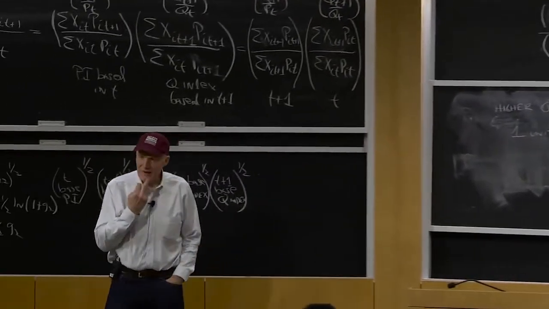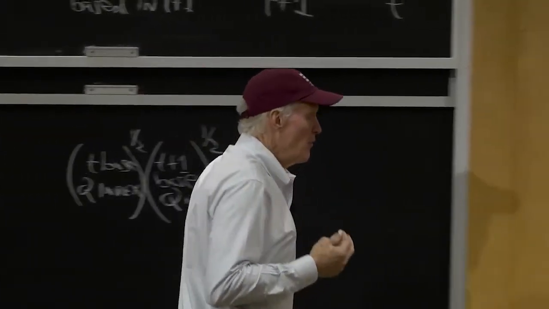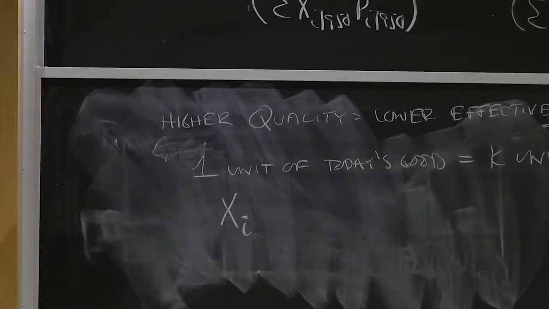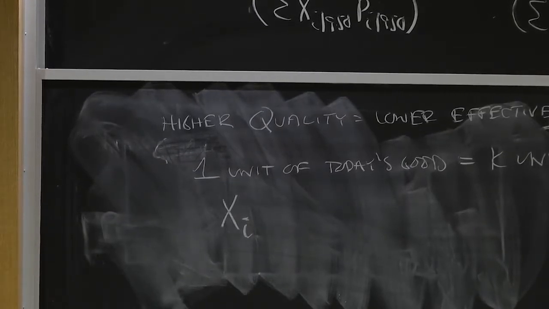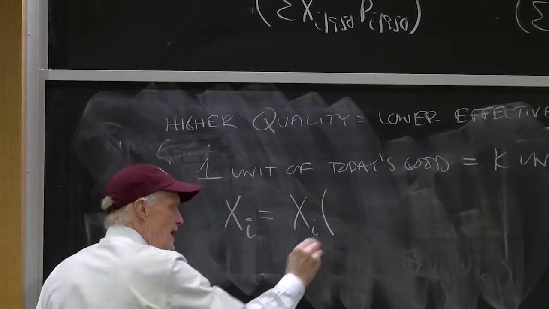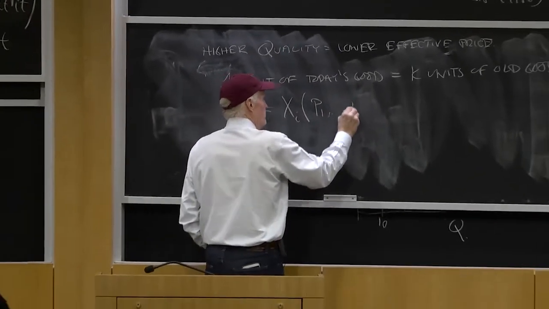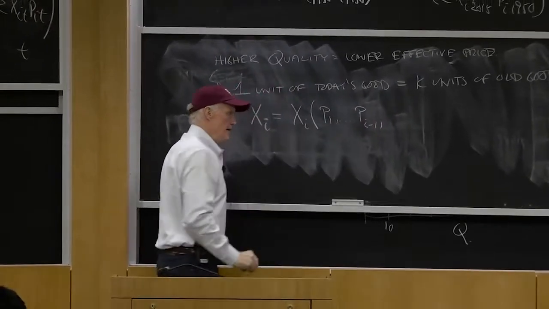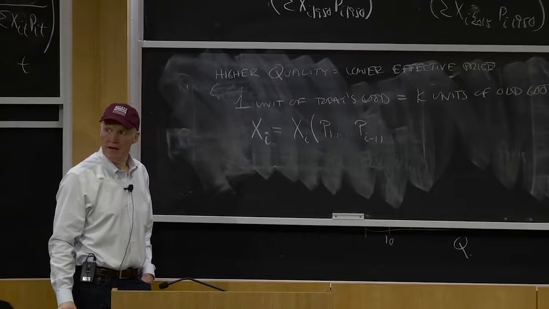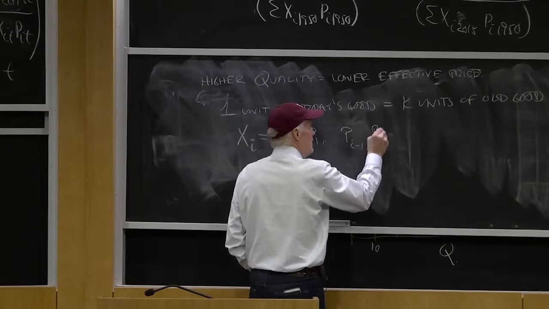So if I didn't know K, let's think about what this implies about the data. What would the data look like? What would xi look like now if xi is the good that got better? So xi would be equal to xi of p1 up to pi minus 1. What would the price be? Pi divided by k.